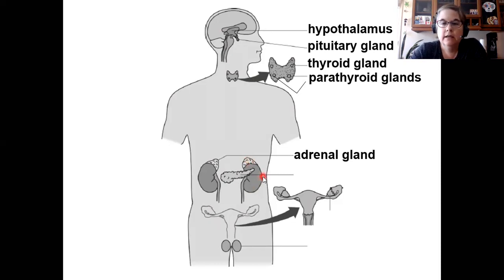All right. Next we have pancreas. So the pancreas is responsible for producing two hormones. So the pancreas is sort of one of those auxiliary glands or accessory glands of our digestive system. Can anyone name one or two of the hormones that is produced by the pancreas? One for sure you've probably all heard of.